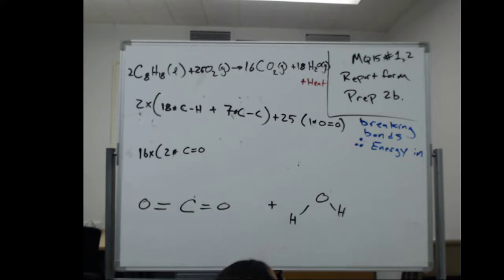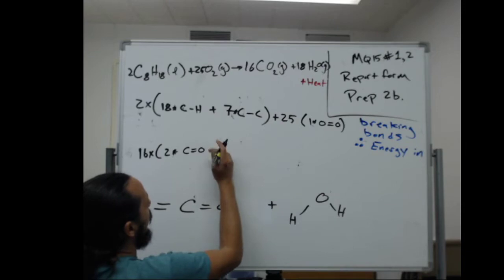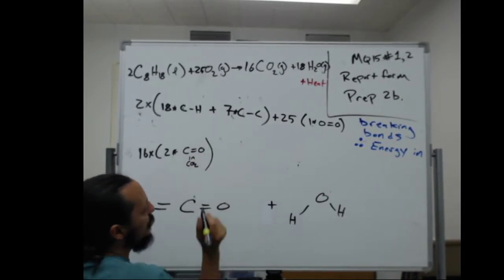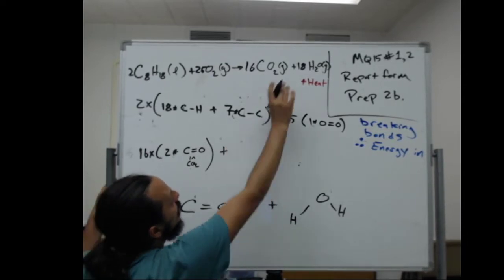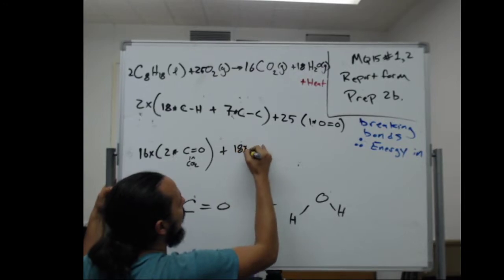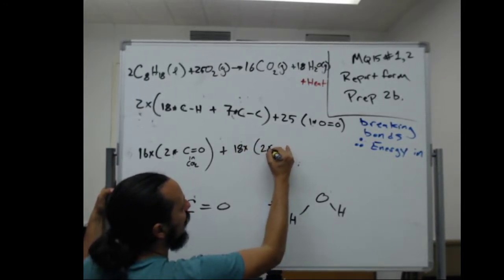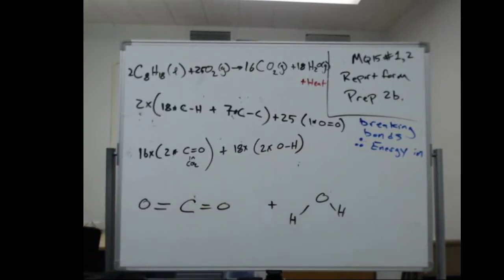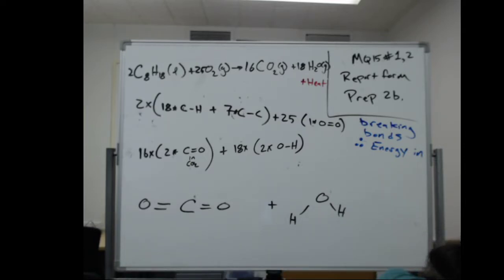And this is carbon-oxygen in CO2. So we have to make special note of that because it does have different energetic values associated with it. Plus 18x oxygen-hydrogen bonds, we've got 2 oxygen-hydrogen single bonds in every water. Making sure that there's not a difference there.